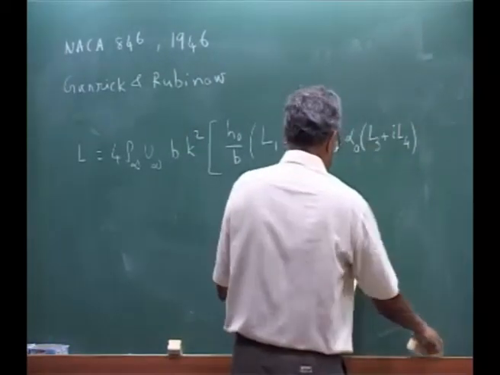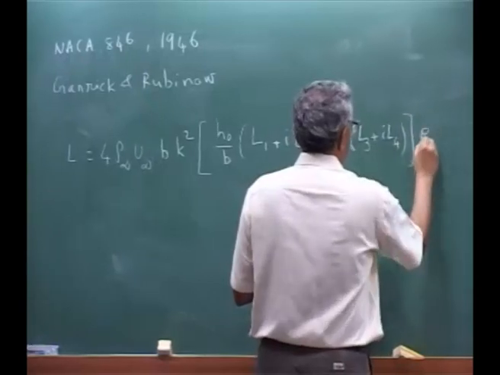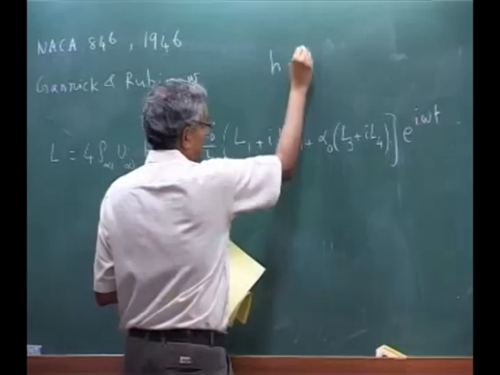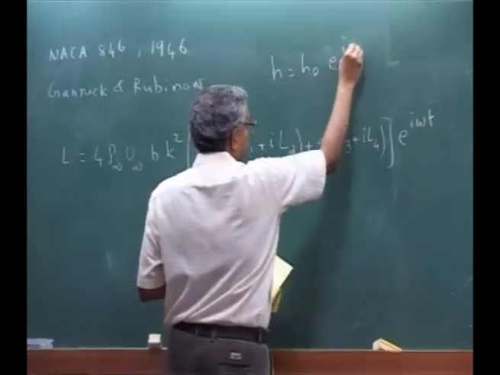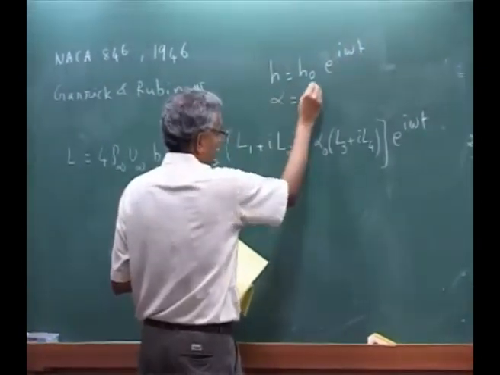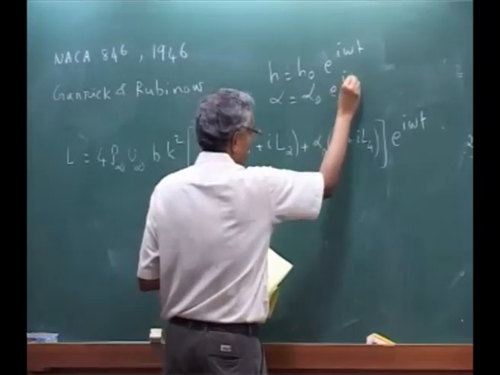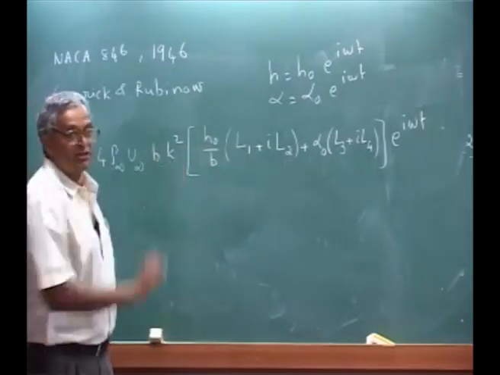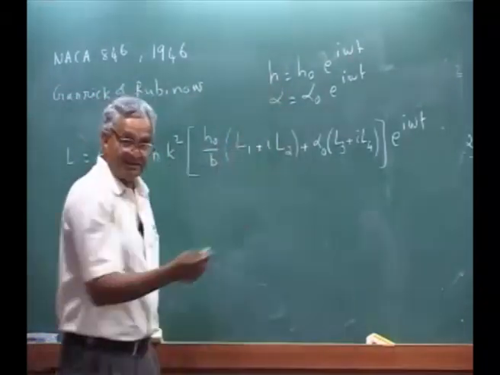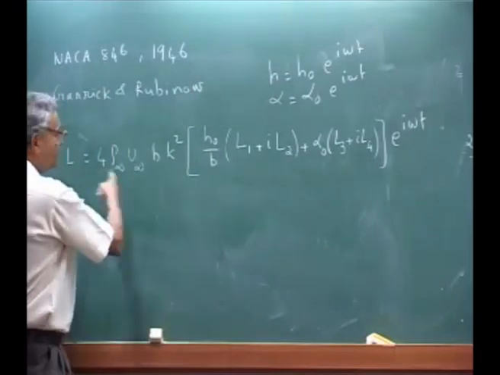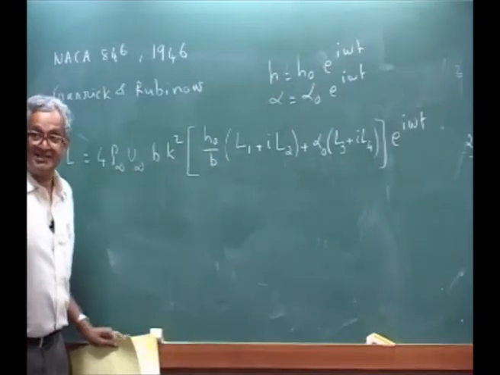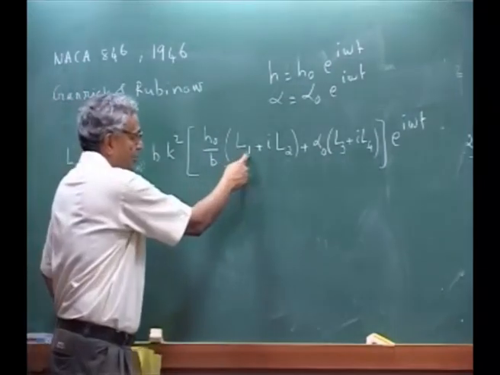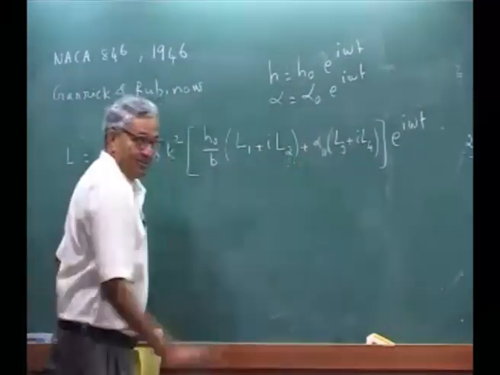where h equals h naught e to the i omega t, alpha equals alpha naught e to the i omega t. That means in my motion I represent them as harmonic and I am writing my lift expression, but please understand it is a complex number. L1 plus i L2, L3 plus i L4.